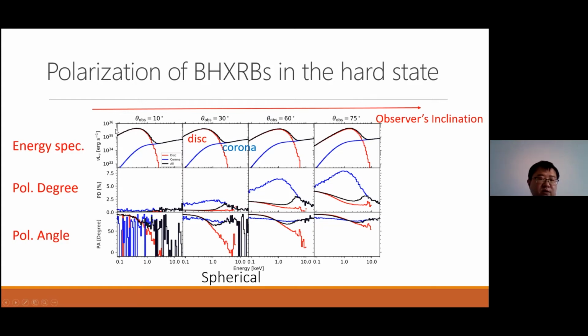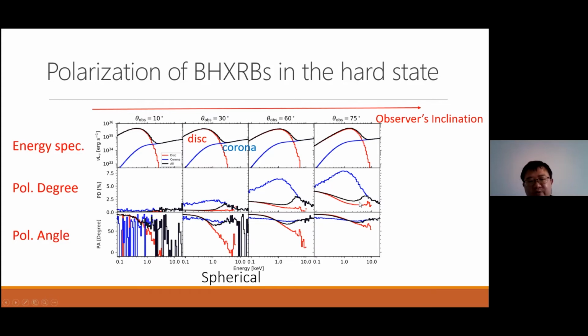In each figure, the red curve is for the disk, the blue curve is for the corona, and the black one is for the sum of the two. So the most obvious result from this figure is that if you look at the polarization degree, then for both the disk and the corona, their polarization degree increases with the observer's inclination.